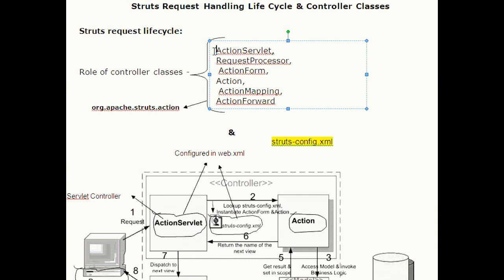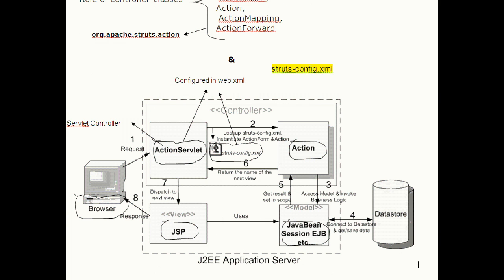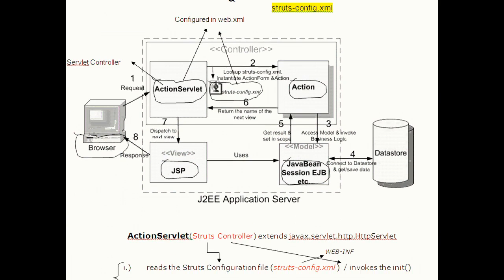Let us start with an action servlet class. As we discussed earlier, in Struts, action servlet is a controller servlet. There is only one controller servlet for the entire web application, and it is responsible for receiving the client's request.